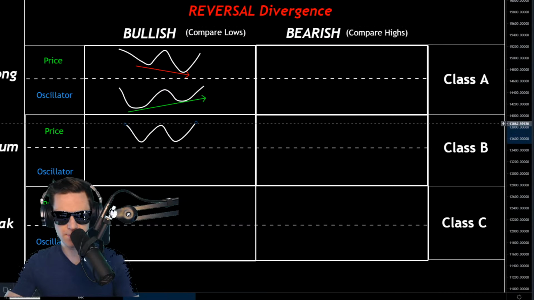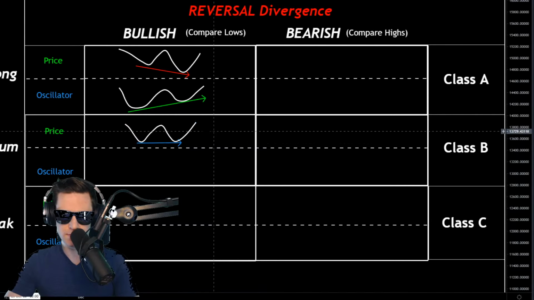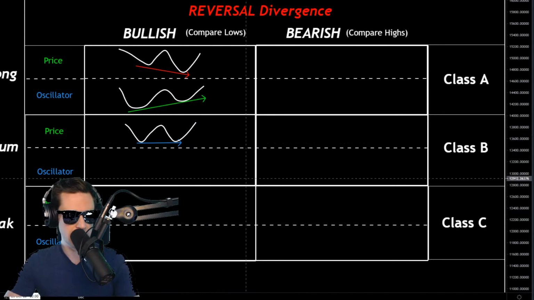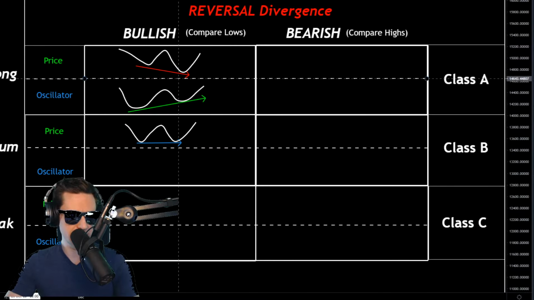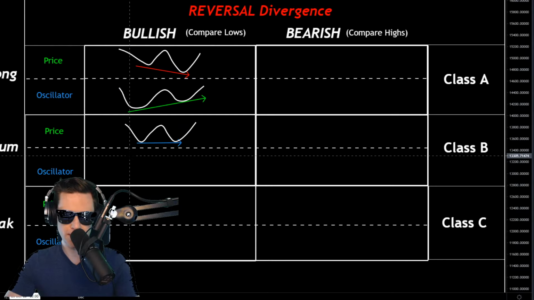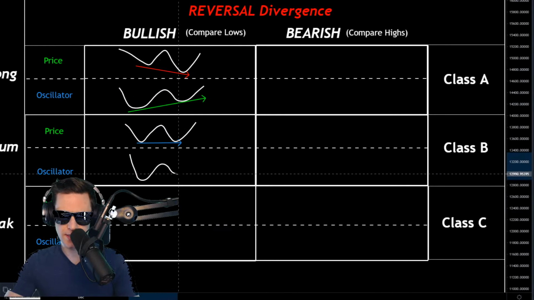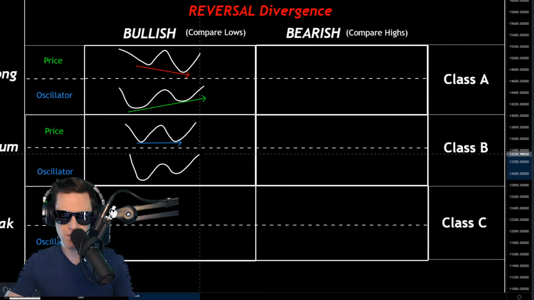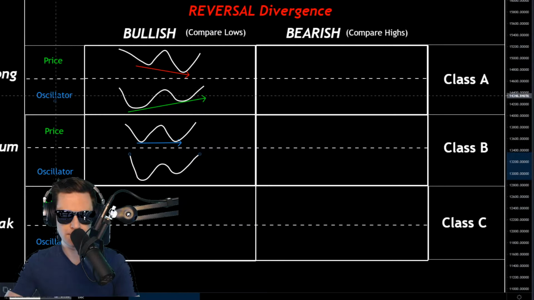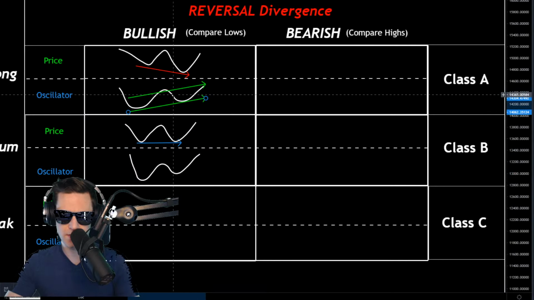We're going to use this blue arrow to signify that these lows are equal. And what we'll see on our oscillator is the same thing as with the strong divergence. We're going to see the oscillator swing low, rally, put in a higher low, and move up. So that gets the green arrow.